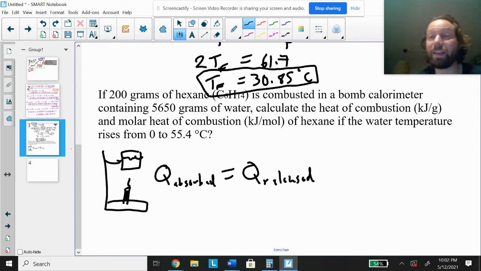In class, we used a candle and just a can of water. So we're going to have this basic setup here.